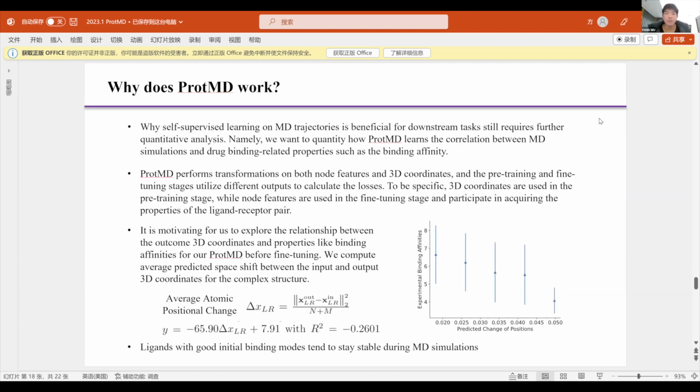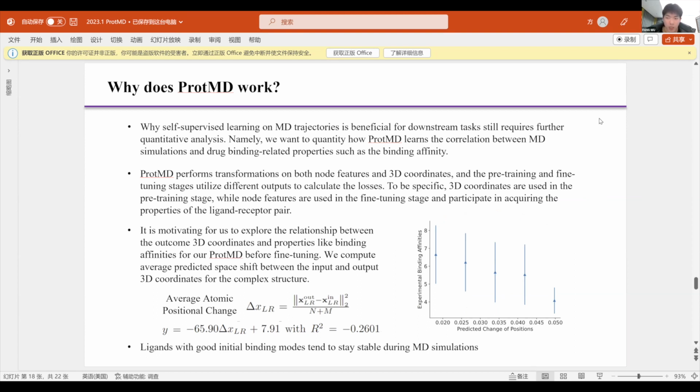The second interesting point is that we want to quantify how our model learns the correlation between MD simulations and drug binding related properties. In other words, why our self-supervised learning mechanism is beneficial for downstream tasks. If you remember, our ProtMD performs transformations on both node features and the 3D coordinates.